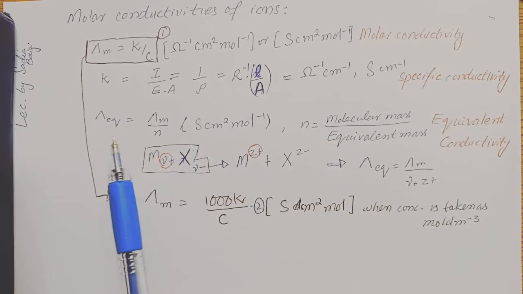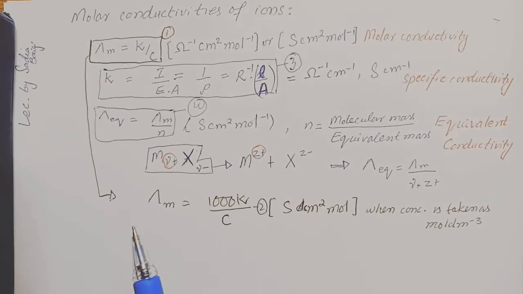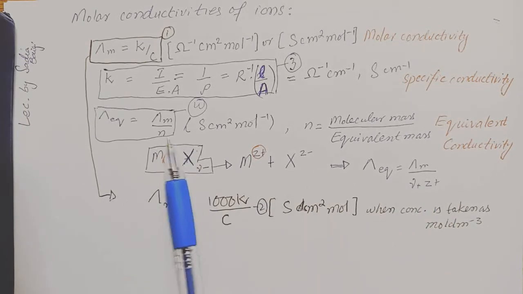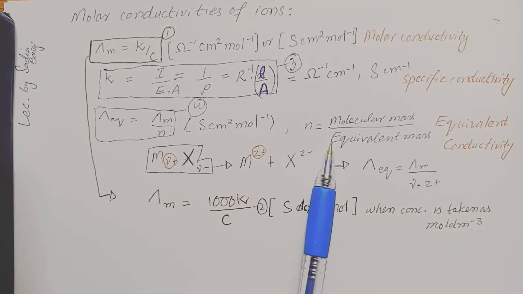And the third category is known as equivalent conductivity, which is actually the molar conductivity over a constant, which is usually the ratio of the molecular mass over the equivalent mass.